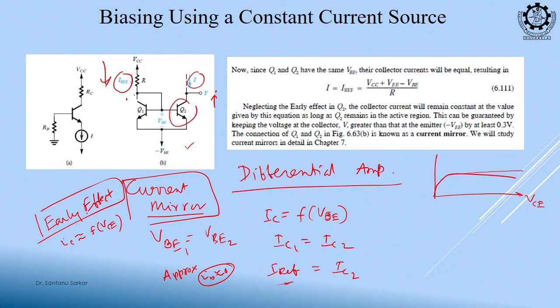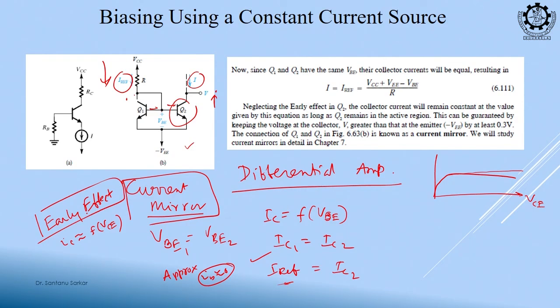If you want to calculate the real value, then you have to do the KCL: IREF is equal to IC plus 2 IB, right, this IB plus this IB, then you have to subtract this, then you will get the actual relationship. But roughly you can assume that there is no Early effect, the base current is 0, and then it is truly a mirror.